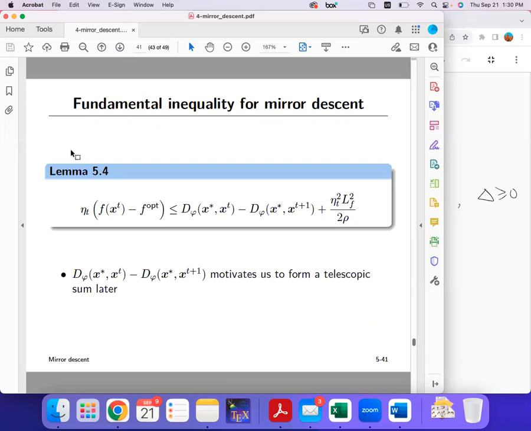So now we have proved this lemma, and we simply need to utilize this lemma to prove the convergence result. What we do is telescope this lemma over T, so that the difference terms cancel out.